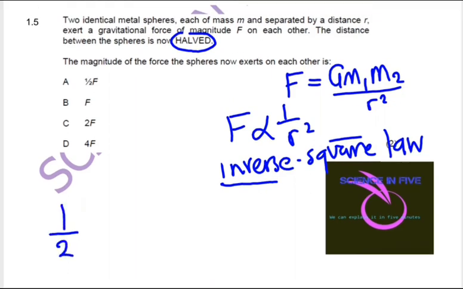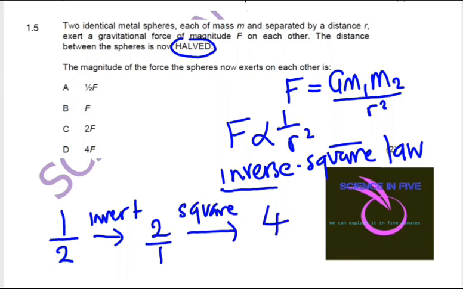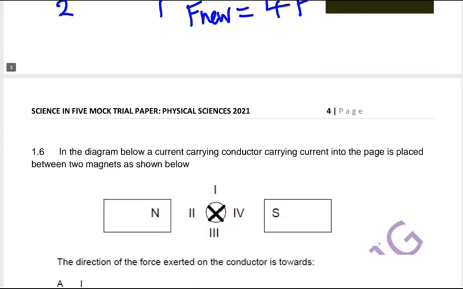First step, invert. The inverse of a half is 2 over 1. Second step, square the 2 over 1. 2 over 1 squared is 4. Which means the new force is going to be 4 times the old force. And our correct answer there must be D.